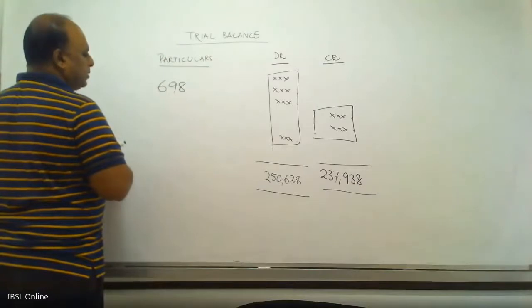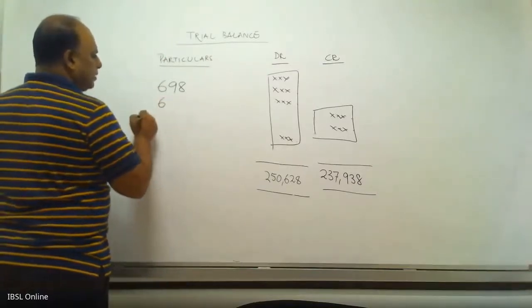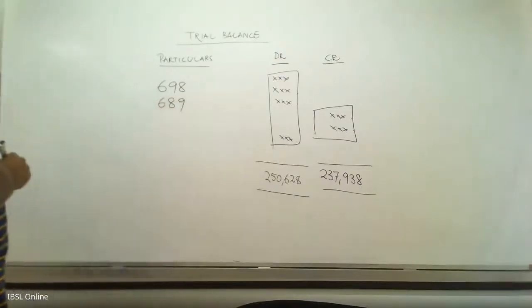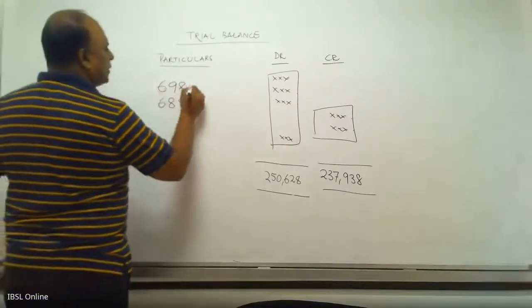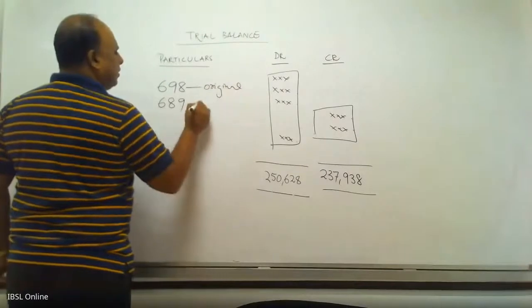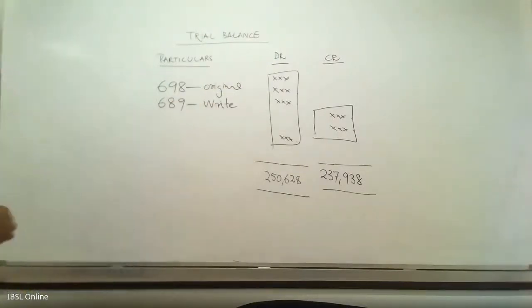Okay. You write it as 689. What is the problem here? Okay, this is the original number. You write it as 689.